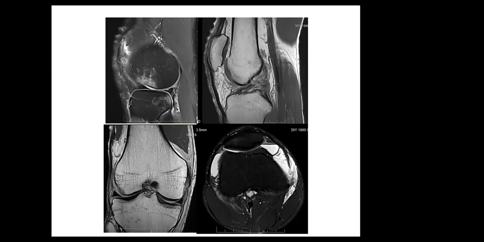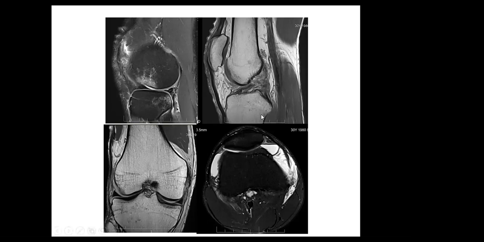Now, if you have any findings that are, for example, signal change, then you would have to describe the sequence. For example, if you said high signal intensity in the lateral femoral condyle, you would say on the sagittal PDFS, because signal intensity change on the PD or T1 or T2 may mean different things.